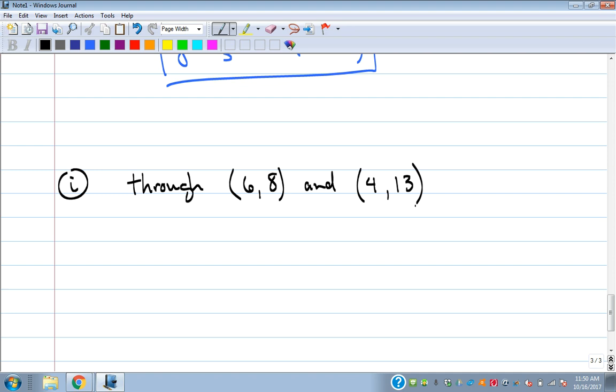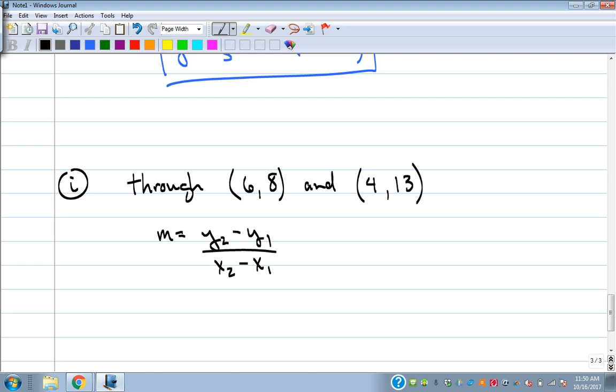Through 6/8 and 4/13. Uh-oh. If I'm writing it in point slope form, what are the two things that I need? Slope and a point. Well, obviously I've got a point. I've got two of them actually. But I have to find the slope. And how do we find the slope? M equals y2 minus y1 over x2 minus x1. That slope formula that we did back before fall break.